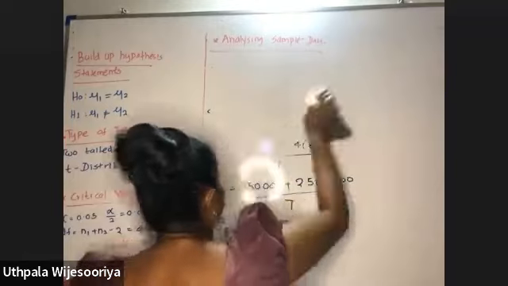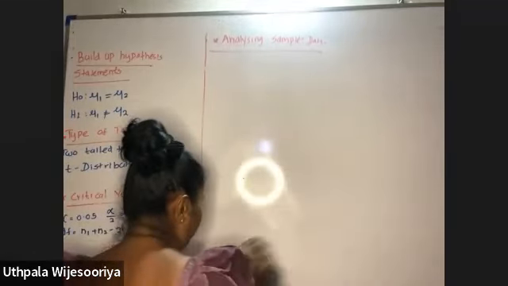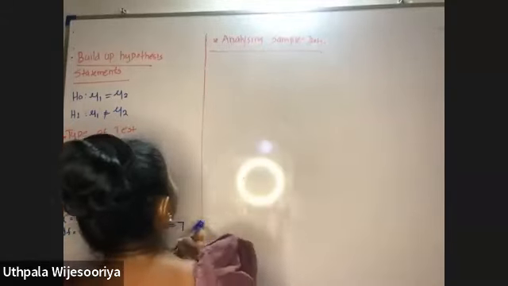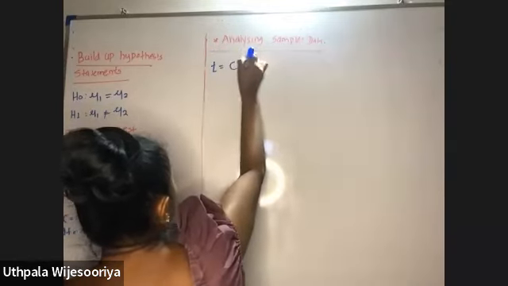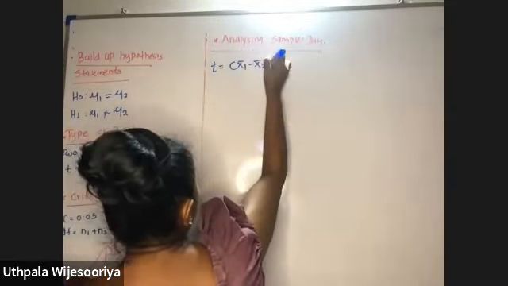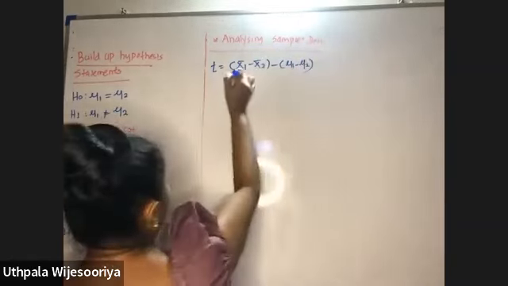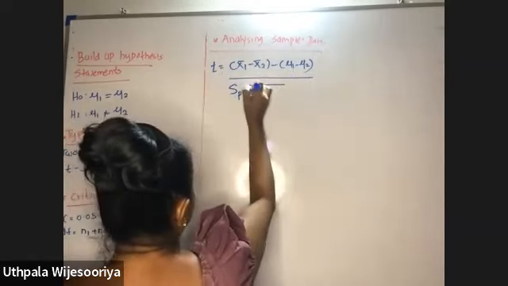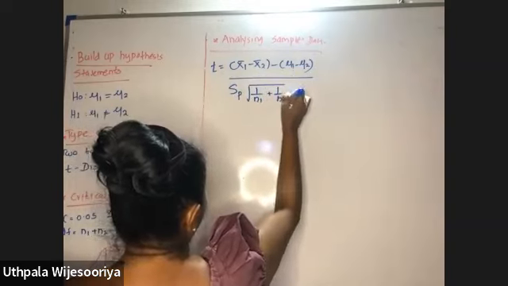Your T table value: x bar 1 minus x bar 2, minus mu1 minus mu2, over SP square root 1 over n1 plus 1 over n2.